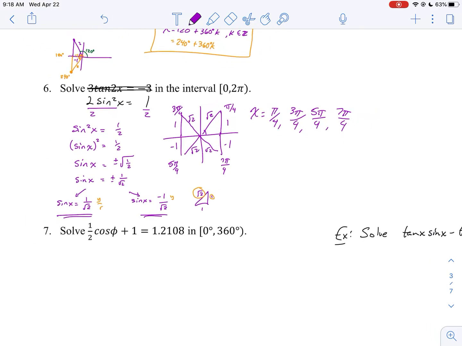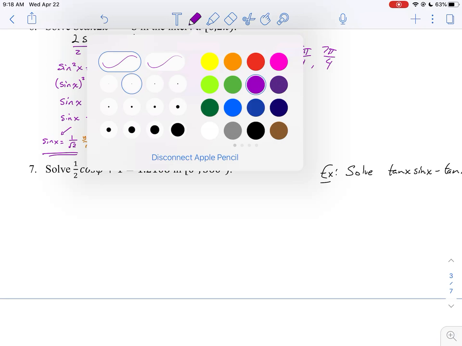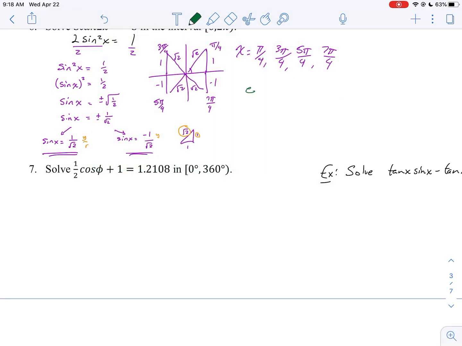On the calculator, this one's just a lot more challenging, but if that's what you're doing, I'll show my work here. You'll need to do x equals the inverse sine of 1 over the square root of 2. And that will give you, I think, 0.785 something.